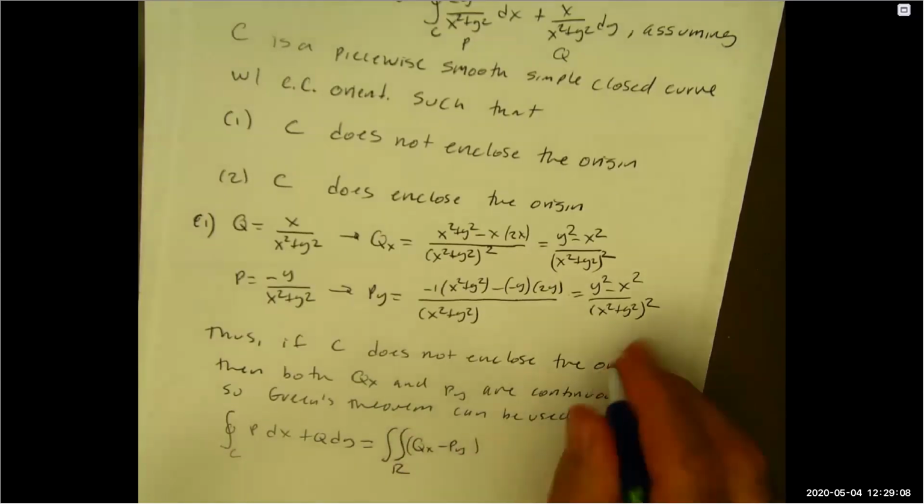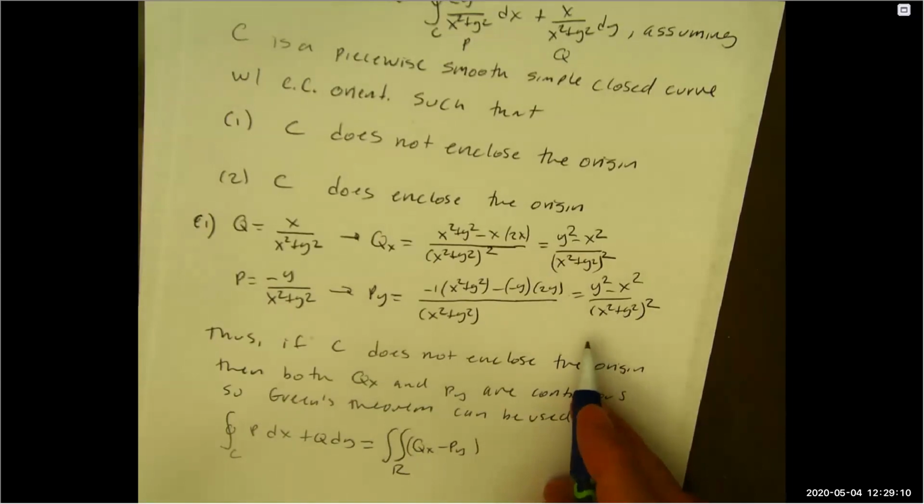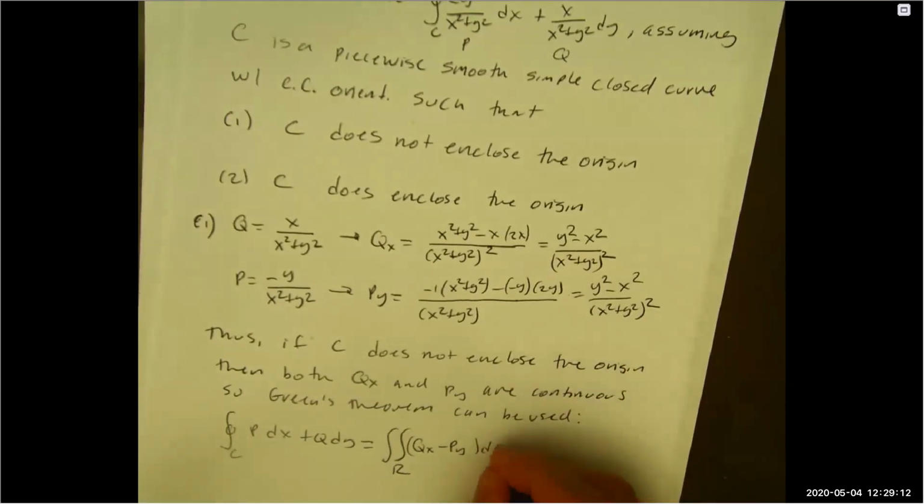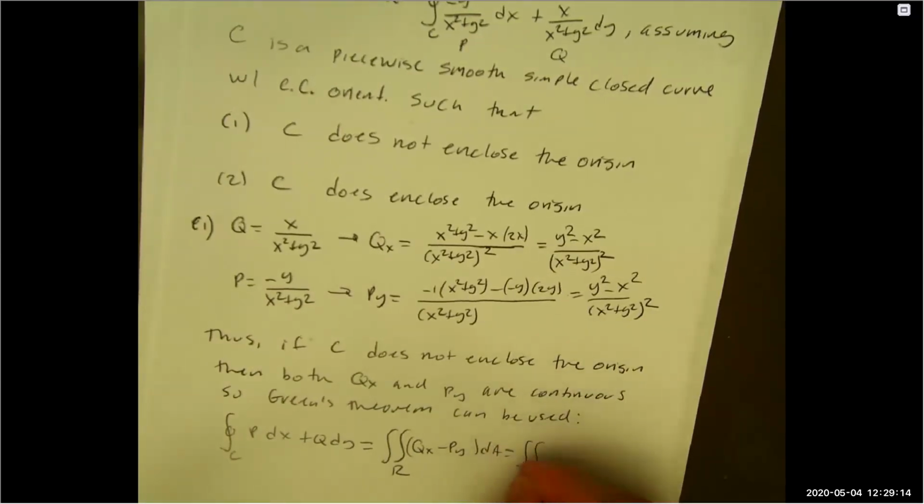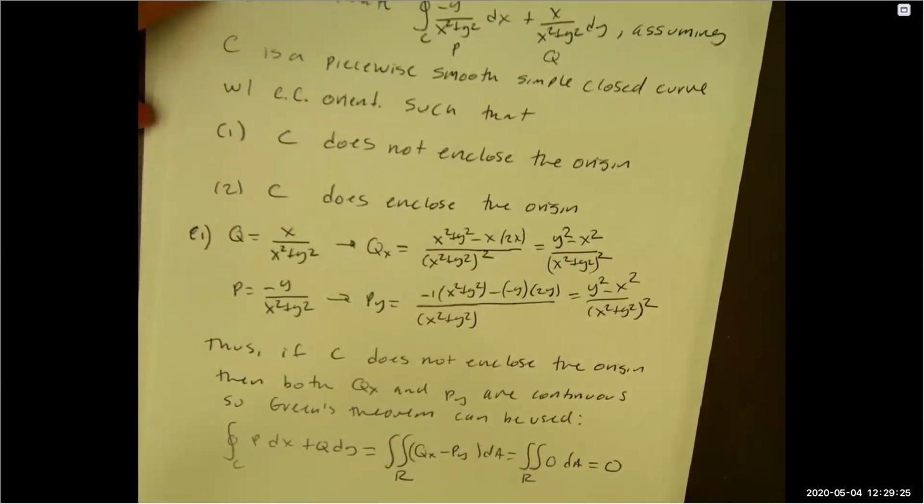Now you can see that they came out the same. So this is just going to be the double integral of 0 over R dA, which is equal to 0. So in the case when C does not enclose the origin, we're free to use Green's theorem, because one of the requirements is that our first partials have to be continuous on an open region containing R, and they would be. All right, so that's what we would get in this case.